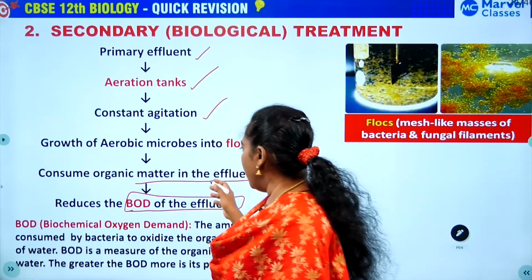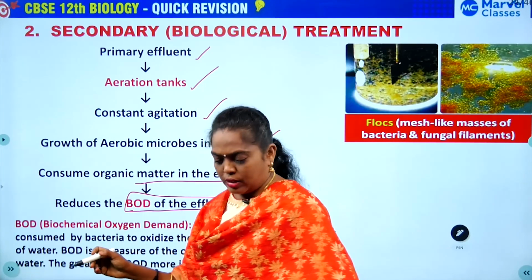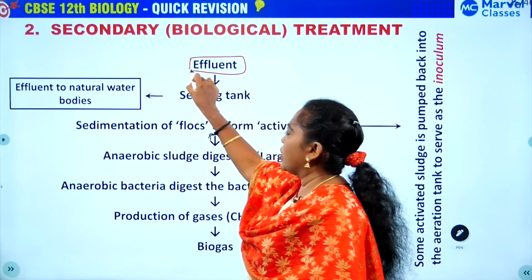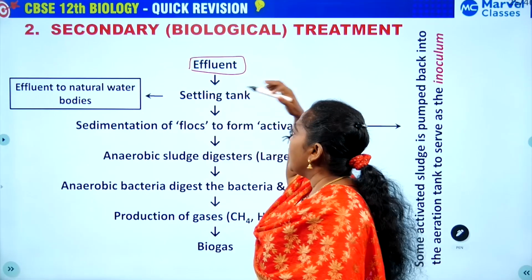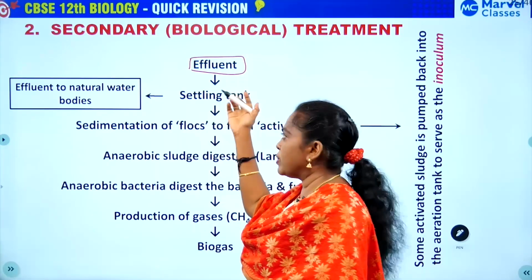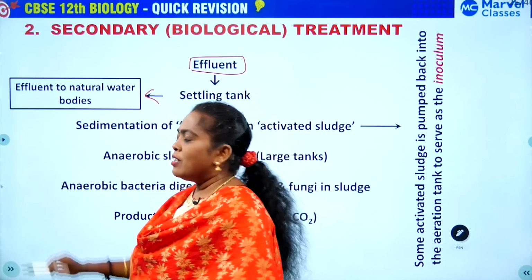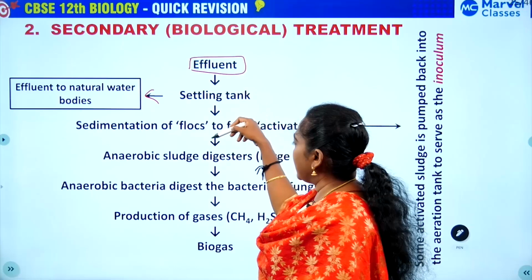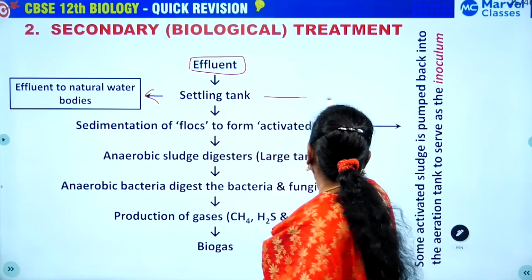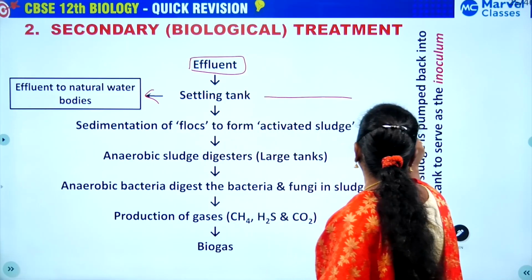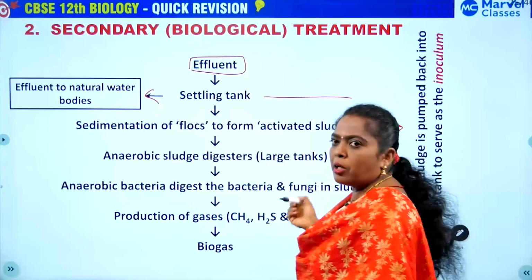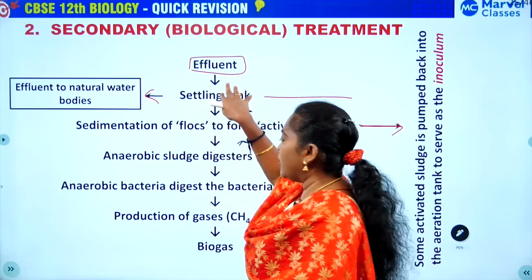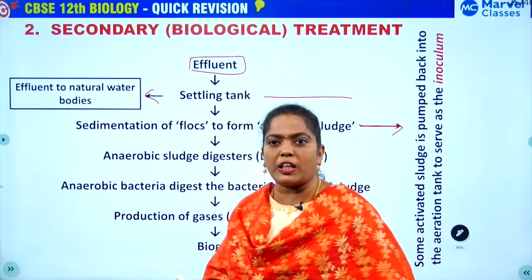Okay, fine. So after this, some more steps are also there. Then this effluent is going to be sent to another settling tank. From there we can supply this to the natural water bodies. So before we are sending it, we can take an inoculum of this sediment, students, and keep it for the next process. Till here we have sent that to the aerobic tank.